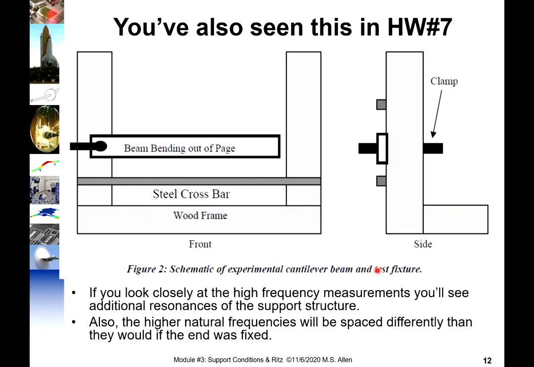You saw this in one of the labs, or homework assignments, formerly a lab, and here we had a wooden frame with some steel reinforcing it, and we were clamping a beam to a wooden frame to approximate a fixed boundary condition.